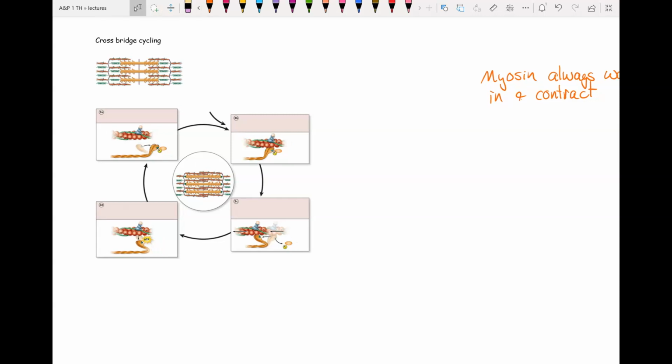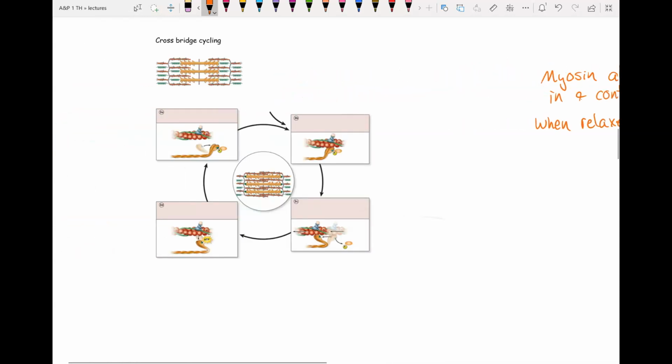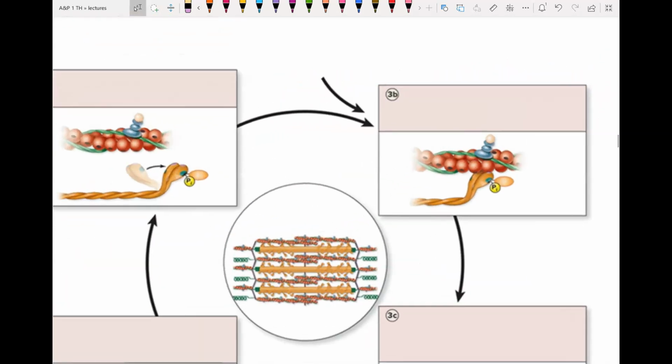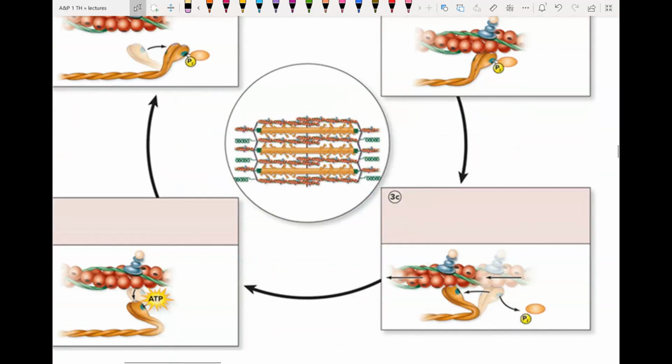Okay, so let's look in some more detail now at how this is happening. When the muscle is relaxed, you have tropomyosin getting in between the actin and myosin. If we look at the picture here, see the tropomyosin is that green strand.